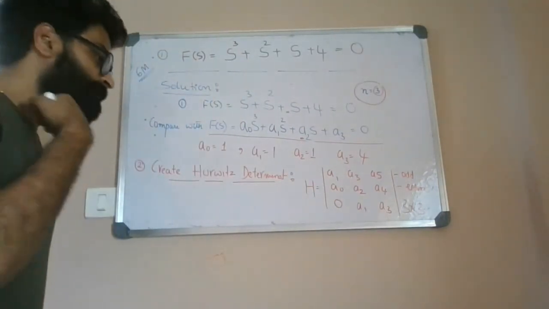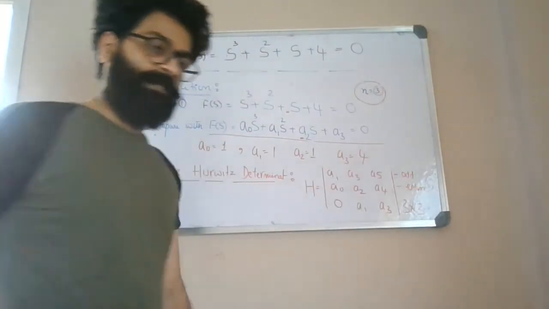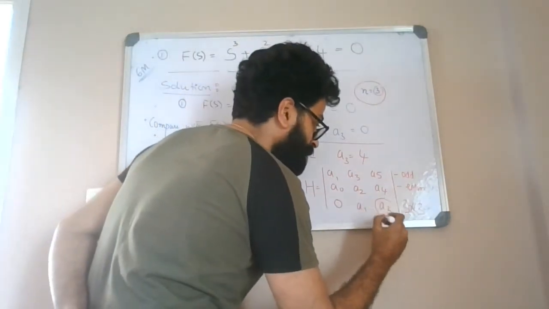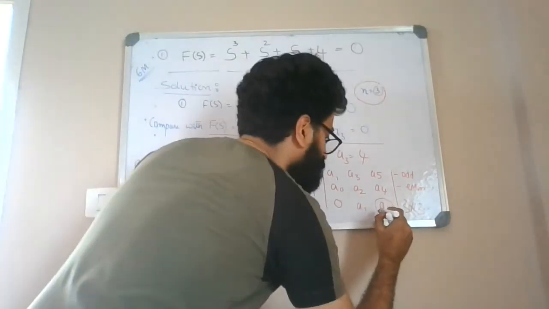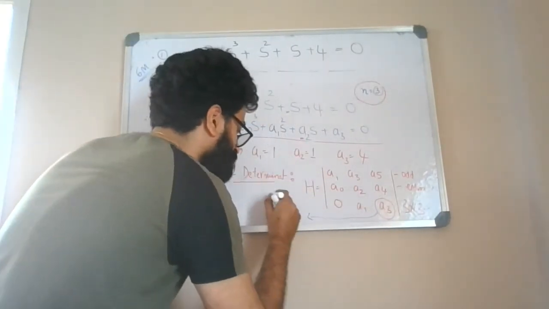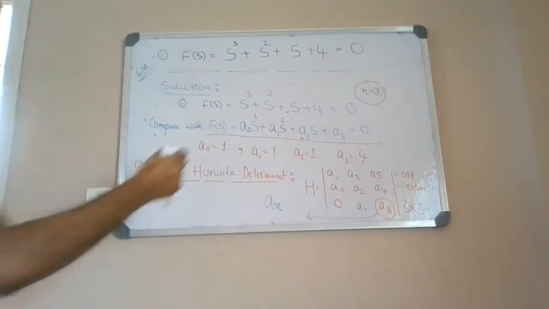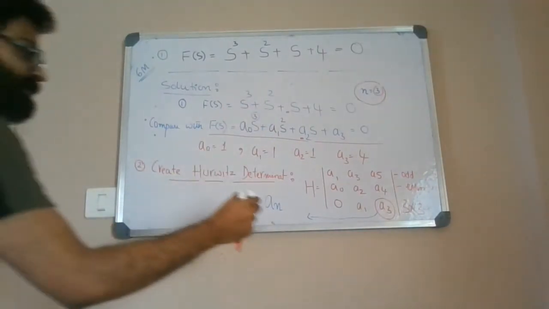Now if you check your main determinant, which I had given in the earlier discussion, the last coefficient is always an, correct? And in our system, the power of n, or the highest power of s, is 3.